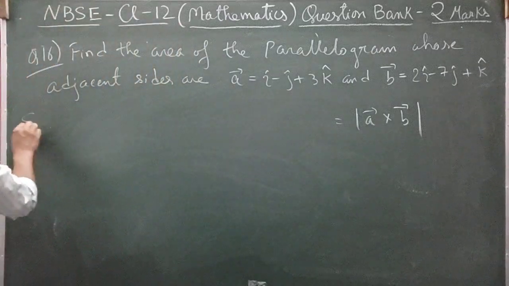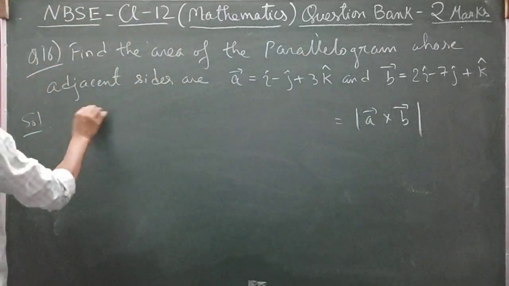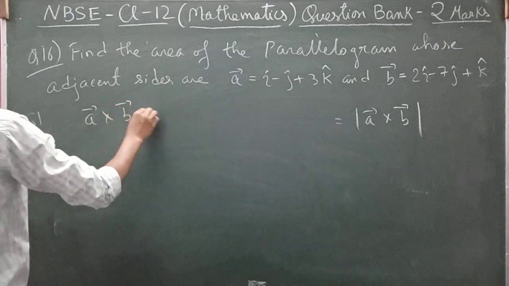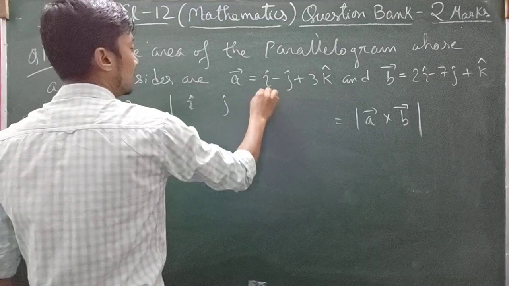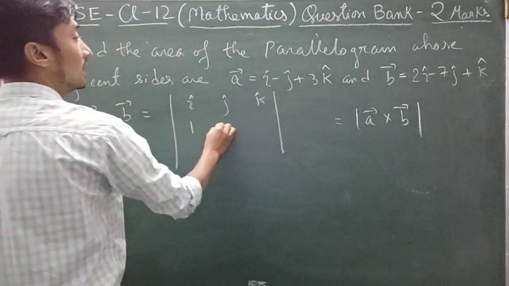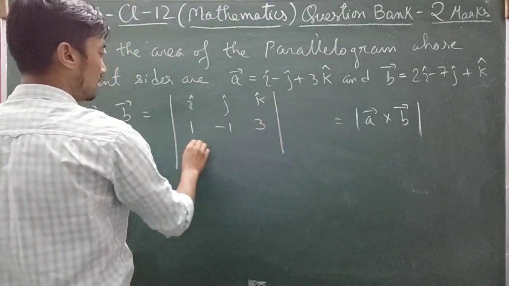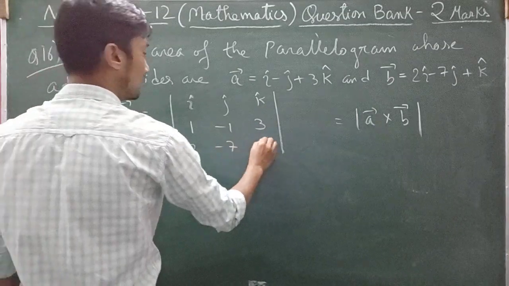So that's very simple. That means we have to find out A cross B first. After that only we can go for its magnitude. So that's i, j, k. What are its values? 1, minus 1, 3, 2, minus 7, 1.